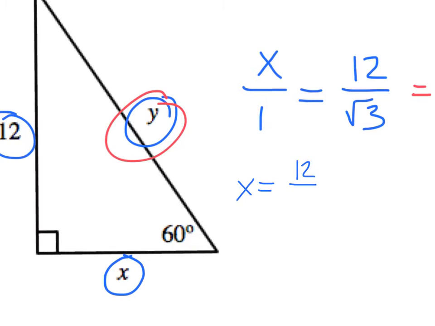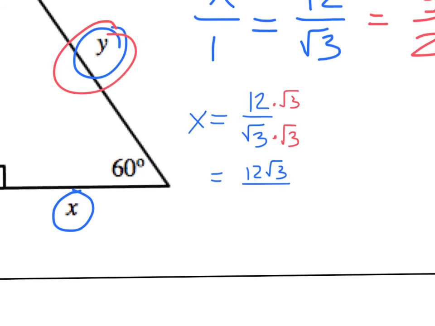So look, when I simplify, I get 12 over radical 3. Now, I do need to finish this like we did previously. And so the x becomes 12 radical 3 all over 3. And then I can still reduce the 12 and the 3. I get 4 radical 3.